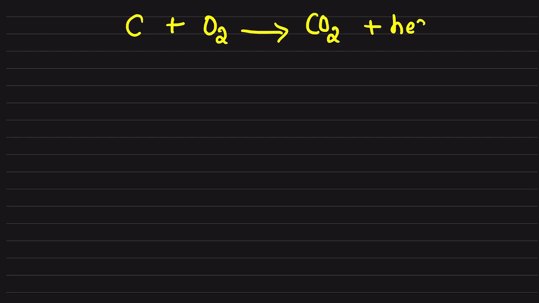For example, carbon plus oxygen gives carbon dioxide plus heat. When a reaction is given like this, we can understand that the heat is on the right hand side, which means it is an exothermic reaction.